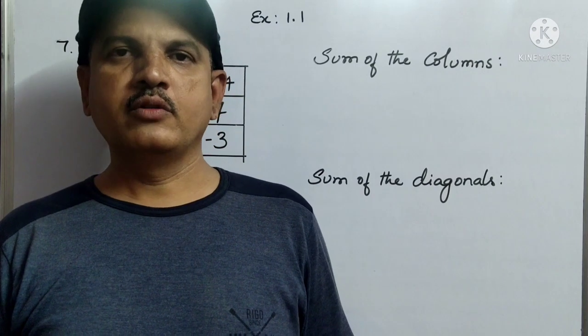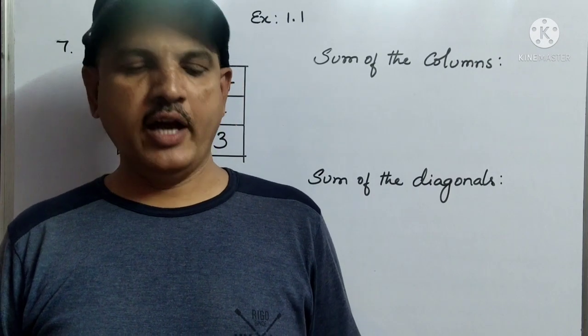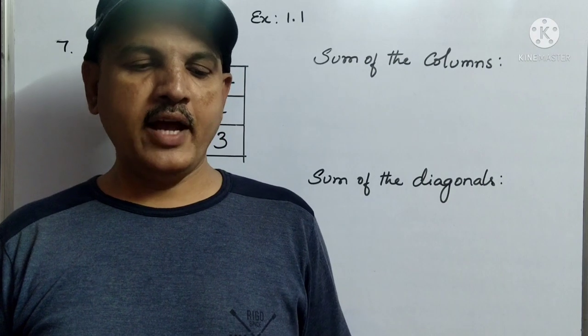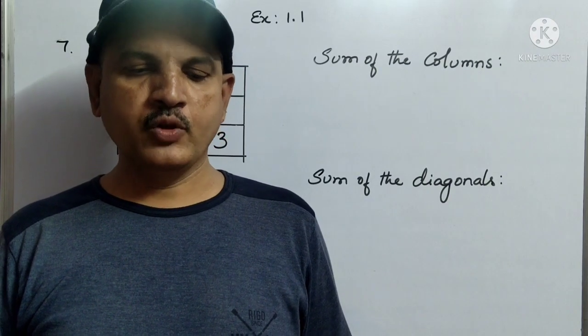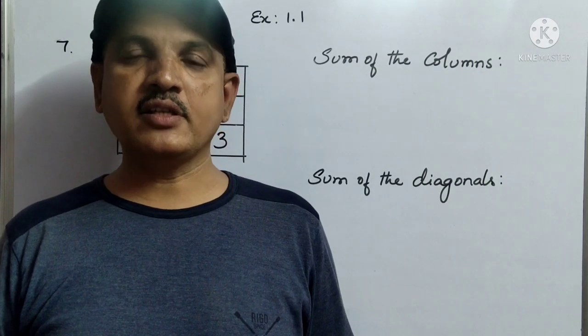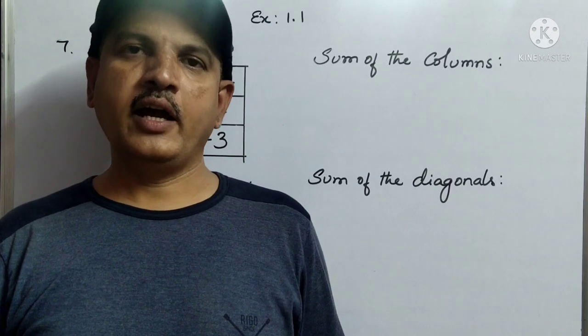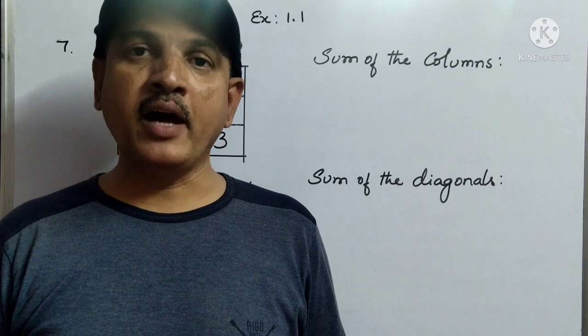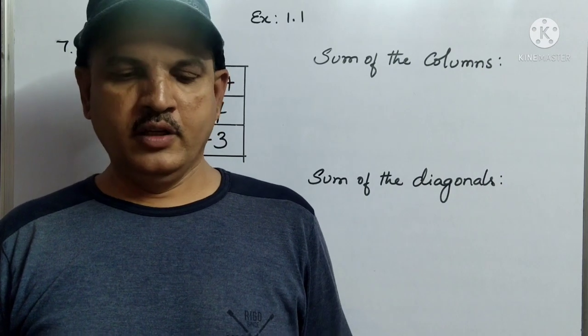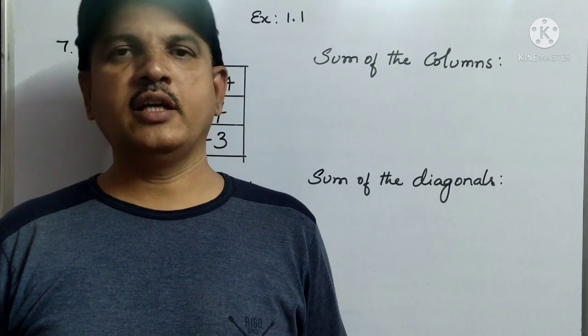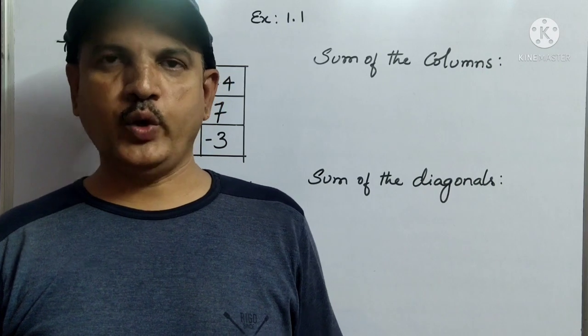But what is the clue he has given? We have to follow that clue. In a magic square, each row, column and diagonal have the same sum. That means row, column and diagonal should have the same answer. If they have the same solution, then it is called a magic square.